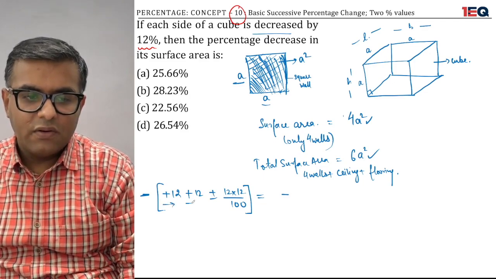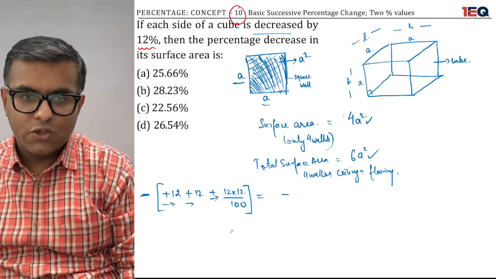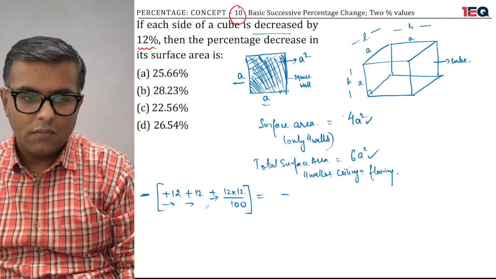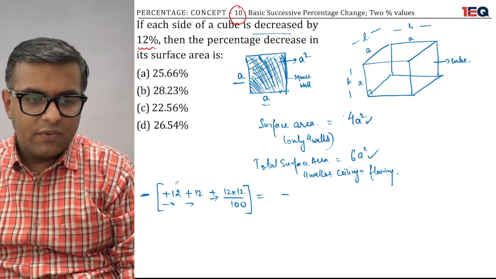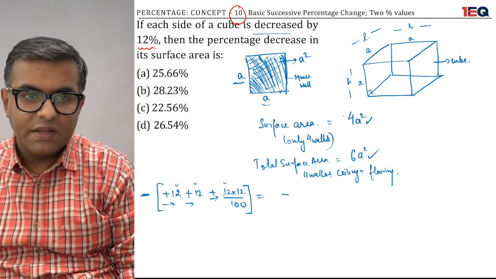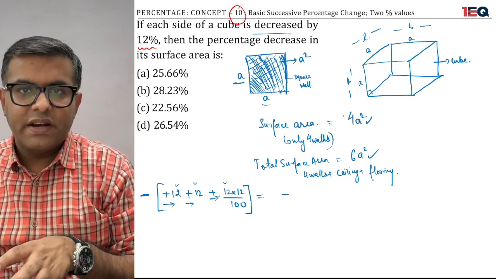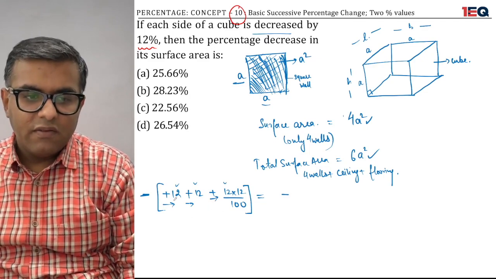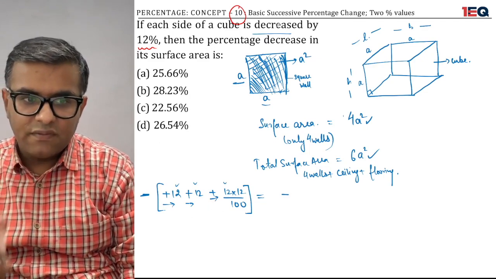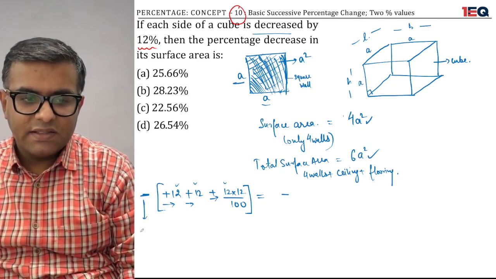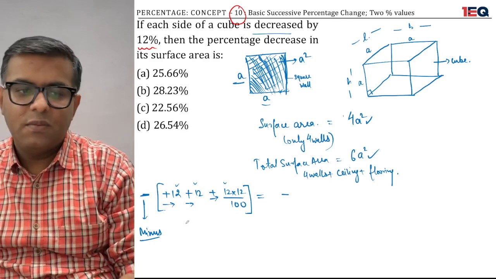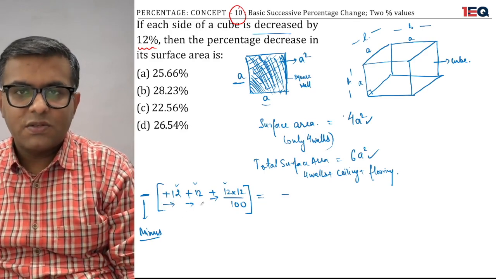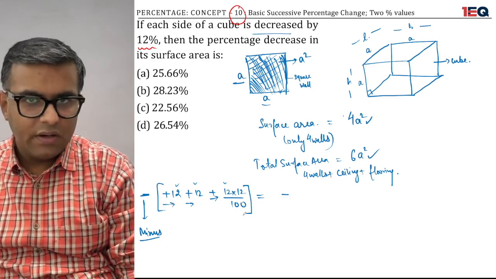Had this been the case where it would have been minus minus and this would have been plus, it would not have landed us in the right space. That is why every time there is a case of decrease, you keep the minus sign outside the bracket and apply the standard formula which we were using: 12 plus 12 into 12 upon 100.